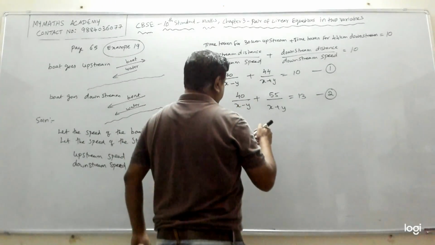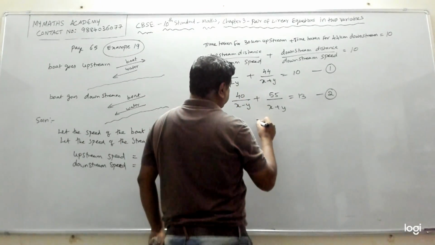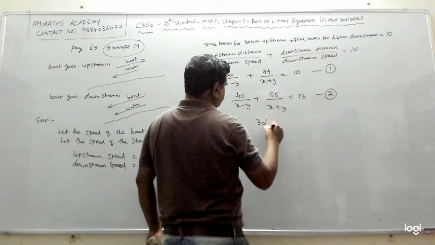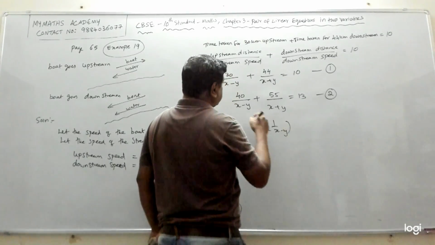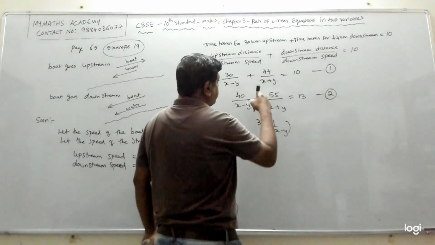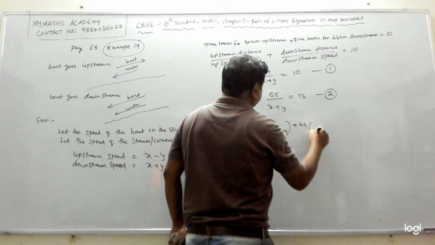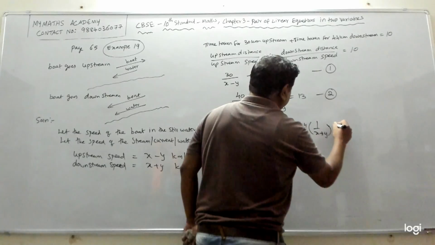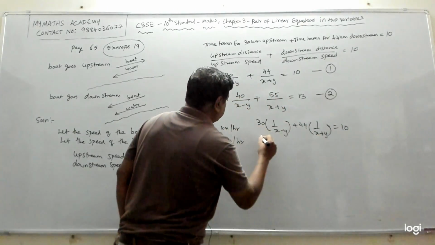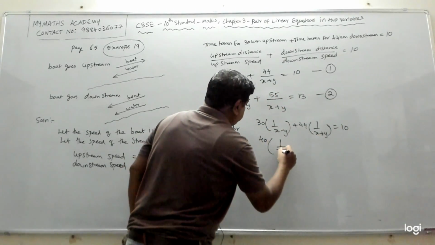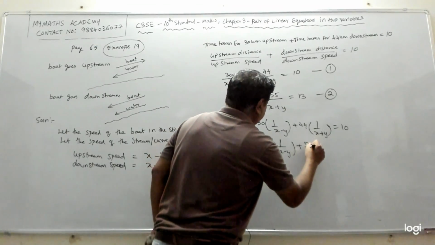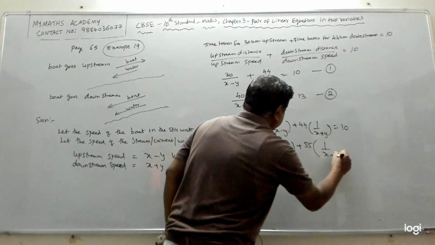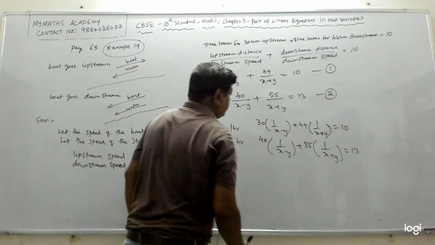So we can write this as 30 into 1 by x minus y, plus 44 into 1 by x plus y, equal to 10. Then 40 into 1 by x minus y plus 55 into 1 by x plus y equal to 13.